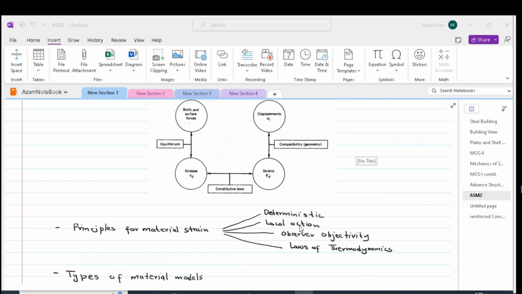The third principle is observer objectivity, which means that material stress-strain relationships are independent of frame of reference. In other words, if we test a material in a lab which is in a static condition, the constitutive relations determined would be the same compared to a lab which is in motion or in a frame of reference whose acceleration is changing.